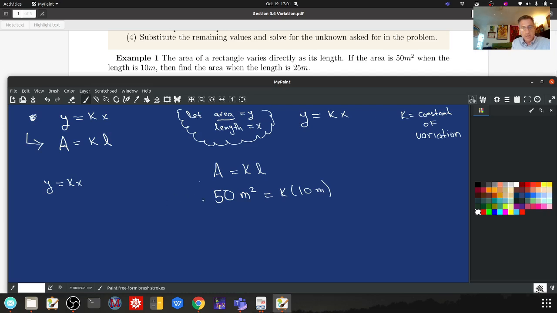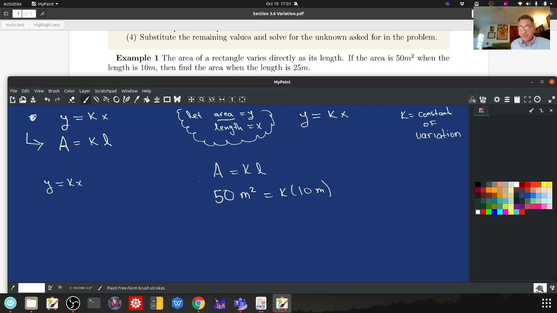So the first thing we do right here is I have to find the value of k. So the reason I put the units in, normally we don't, but some of you who go on into engineering or physics or something that uses units all the time, the units are really, really important.